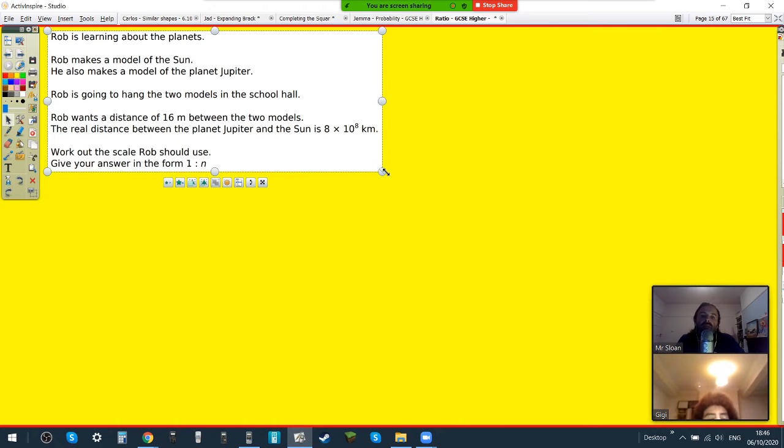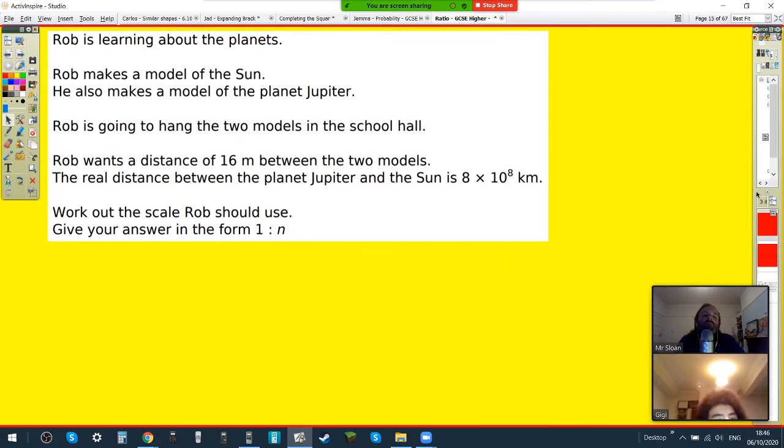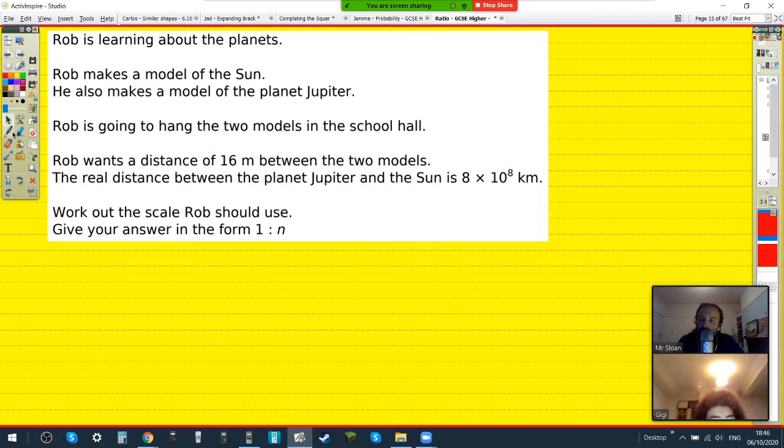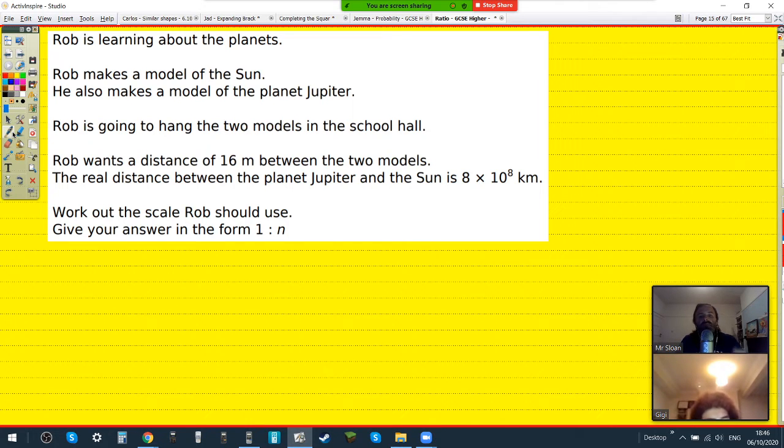Any idea what this thing's about? Rob is an planet series. Rob wants distance 60 meters between 2 models. Your distance is 8 times 10 to the power of 8.